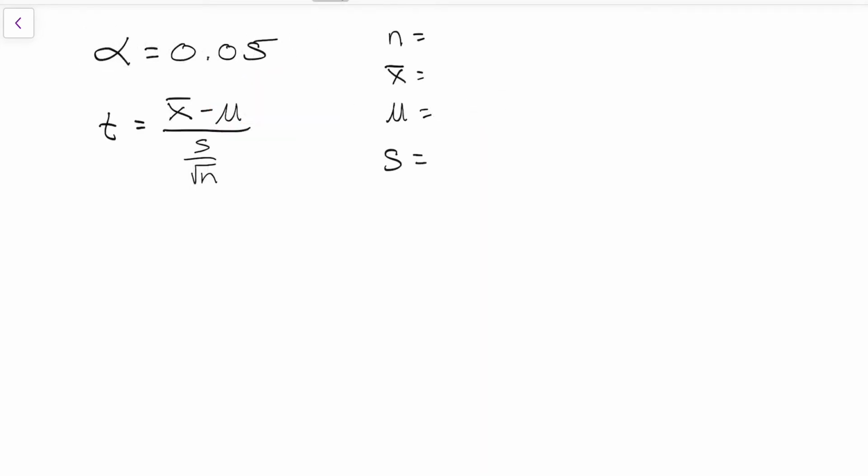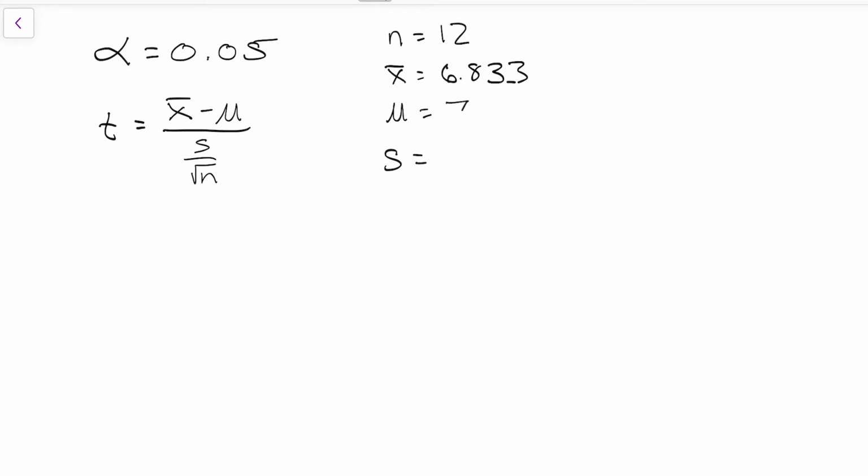To continue, we need to recall that our significance level, alpha, is 0.05. And because we're testing a claim about a population mean, we need to use the t distribution, where the formula is described here. If we recall the values, n was 12, x bar was 6.83 repeating, which we will round to 3 decimal places.